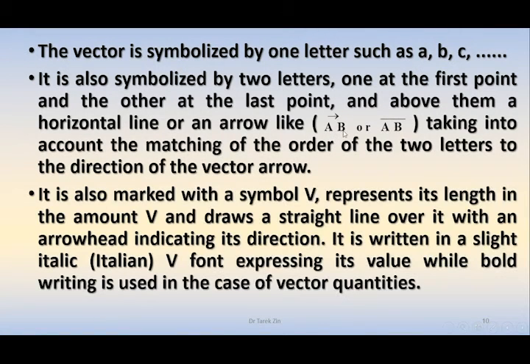Therefore it becomes something like A and B, with an arrow on top of them or a line on top of them. Sometimes we can symbolize this with a Roman V and represent its length by the amount of V, and draw a straight line over it with an arrowhead indicating the direction. It is written in a slight italic V.